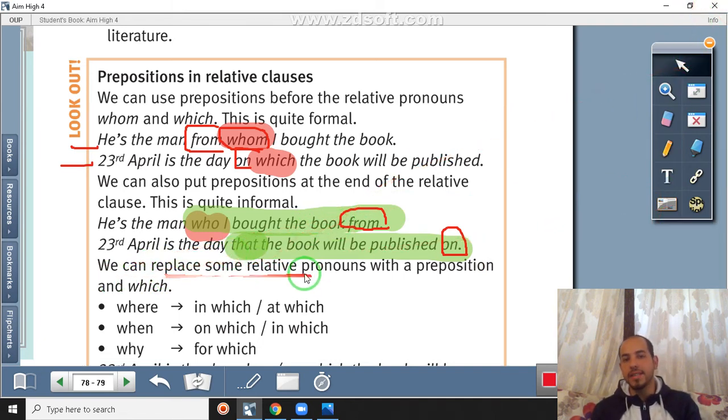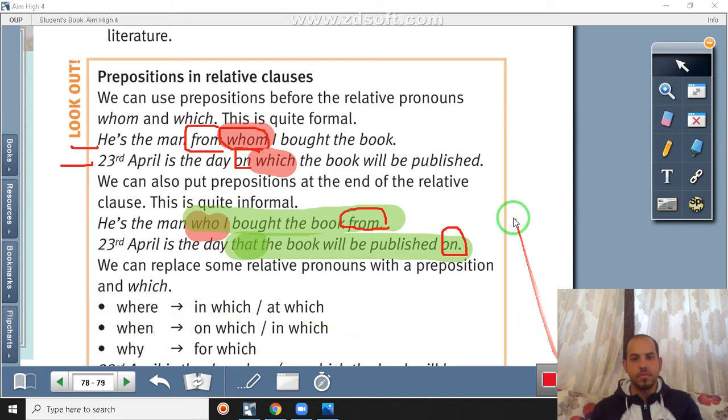Now we can replace, it's up to you. You can replace relative pronouns with a preposition. Again, we can replace some relative pronouns, for example where, when and why.